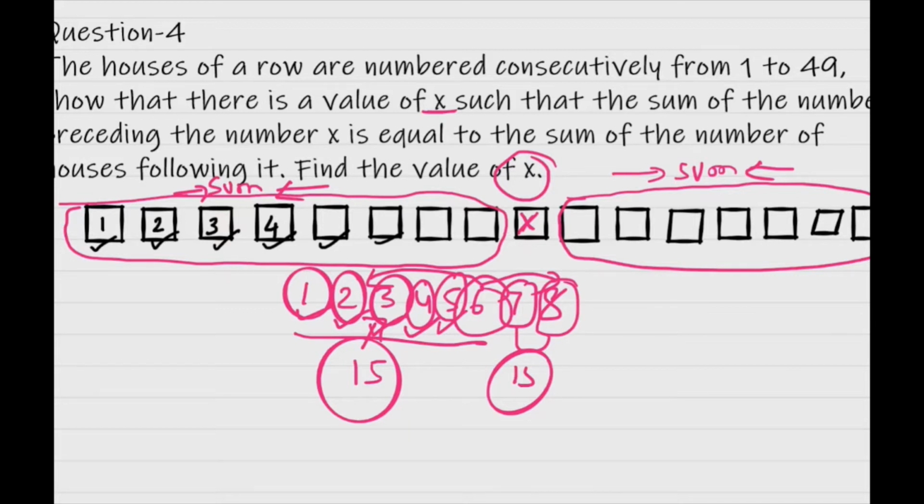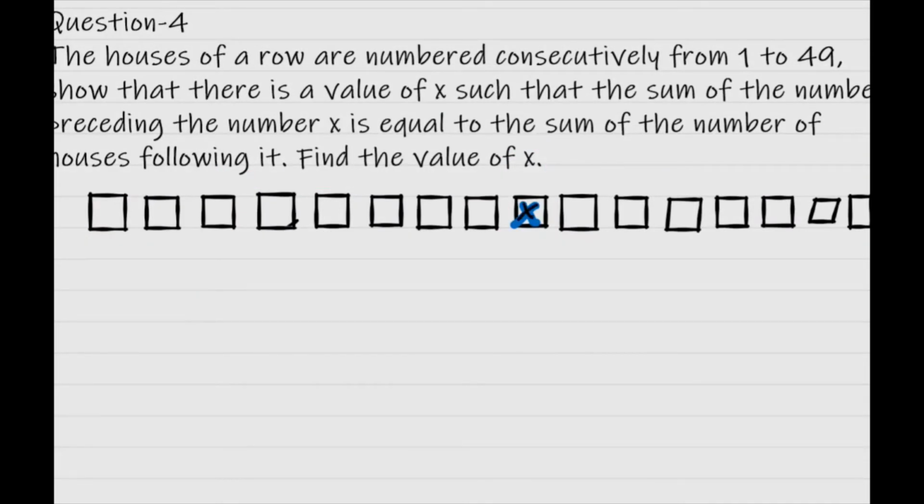So suppose there is x somewhere in the middle, and the numbers go like this, 1 2 3 4, and from here it will be x plus 1, x plus 2, like this, and it will go up to 49. Now the total terms are 49.